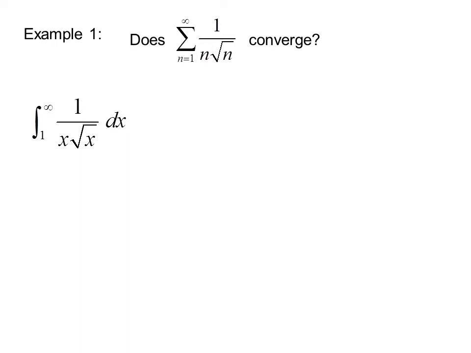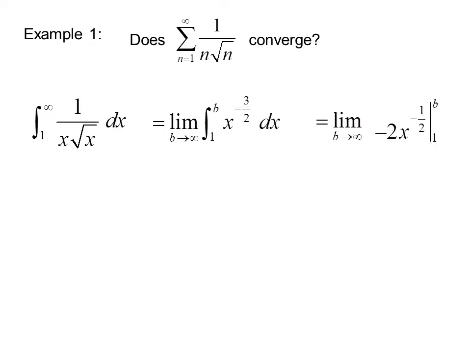We look at the integral from 1 to infinity of 1 over x radical x dx, which is the limit as b approaches infinity of the integral from 1 to b of x to the negative 3/2 dx, which is the limit as b approaches infinity of negative 2x to the negative 1/2, evaluated from 1 to b, or the limit as b approaches infinity of negative 2 over radical b plus 2, or 2.